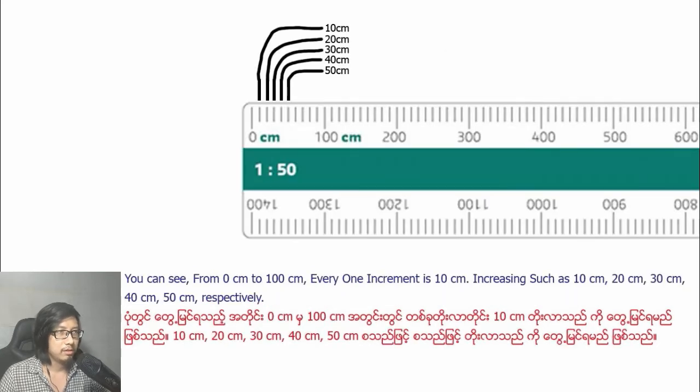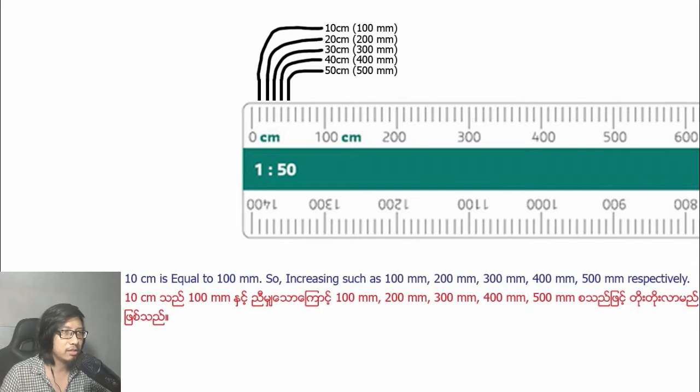You can see from 0 to 100 centimeter, every increment is 10 centimeter, increasing as 10 centimeter, 20 centimeter, 30 centimeter, 40 centimeter, 50 centimeter respectively. 10 centimeter is equal to 100 millimeter. So it increases as 100 millimeter, 200 millimeter, 300 millimeter, 400 millimeter, 500 millimeter respectively.